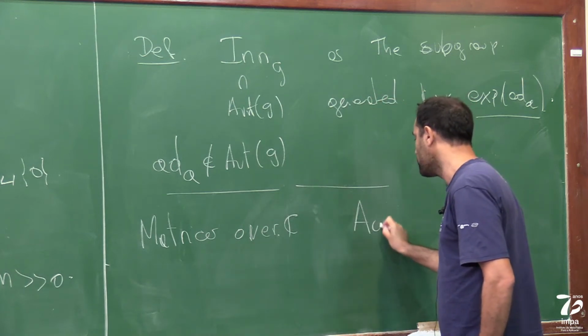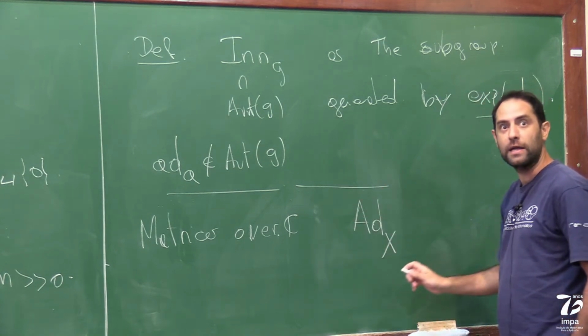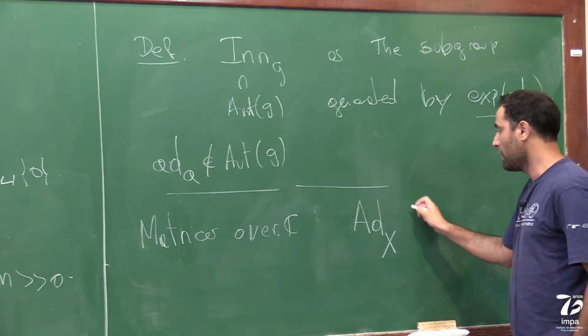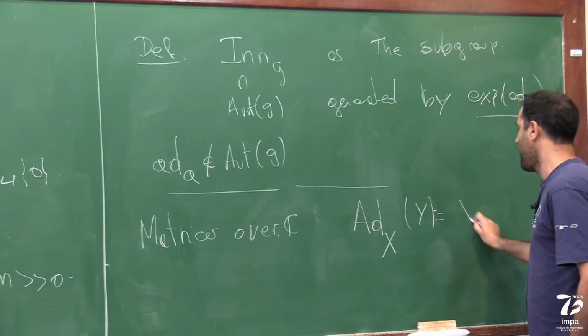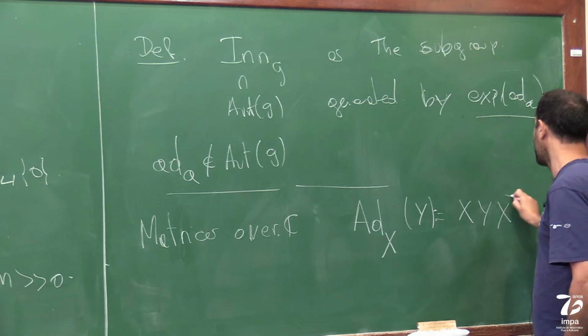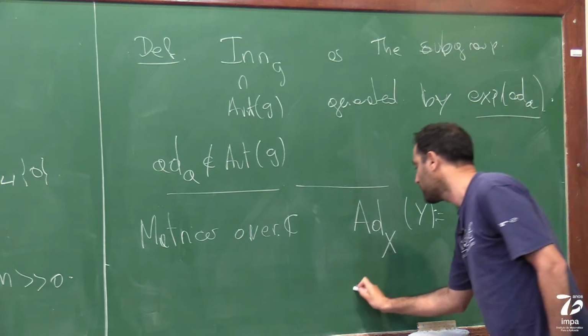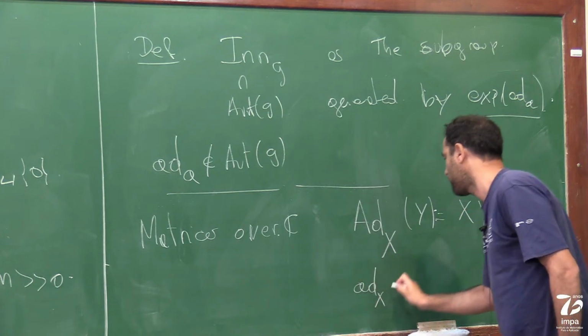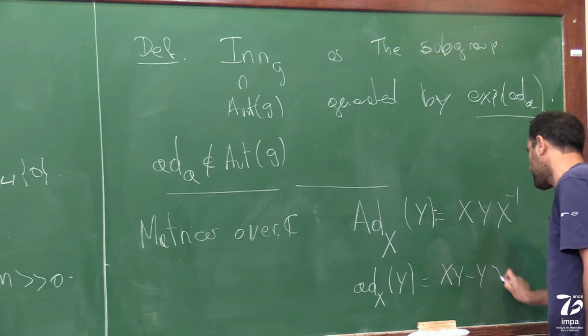You have the adjoint action by a matrix X. I'm going to use letters X instead of A, just not to confuse these two cases, of a matrix Y to be X Y X inverse, or probably X inverse Y X, it doesn't matter. And you also have the little adjoint action of X on the matrix Y to be XY minus YX.